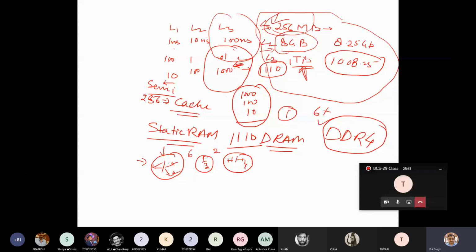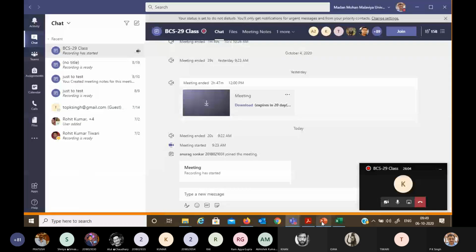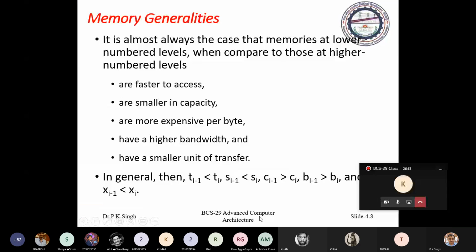Here you have seen 3 levels. Let's see. Three levels: L1, L2, L3.